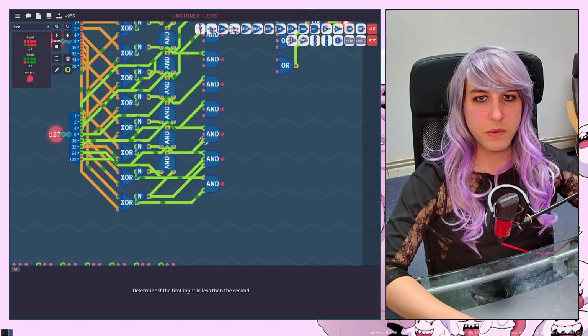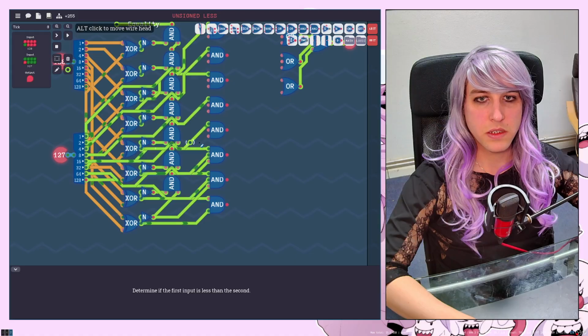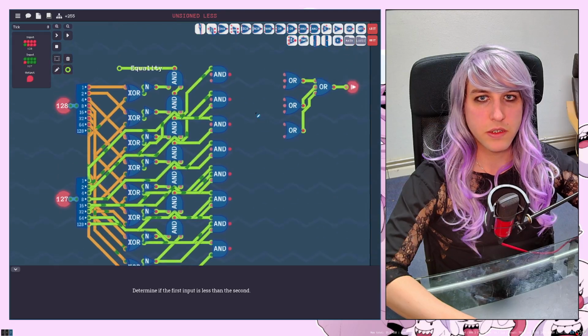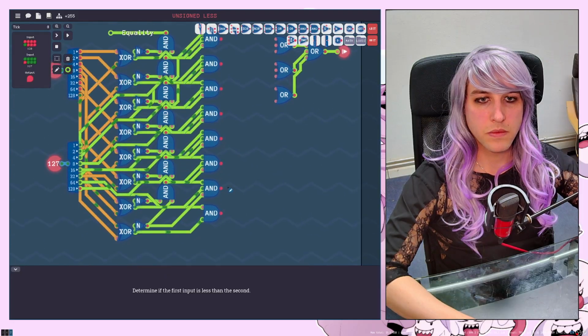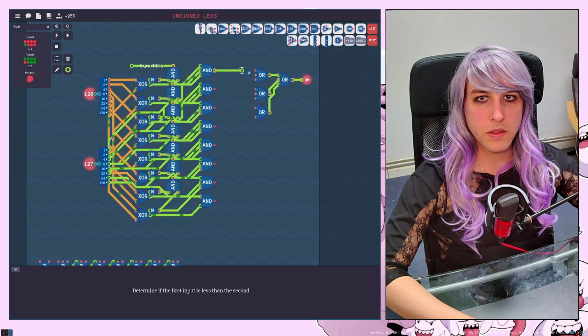If none of the previous ones differs, and the difference is in this thing, this is the way it should be built. So this one makes sure that none of the previous ones differ. These lines make sure that there's a difference. And this is the solution.